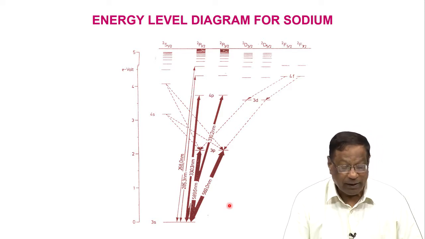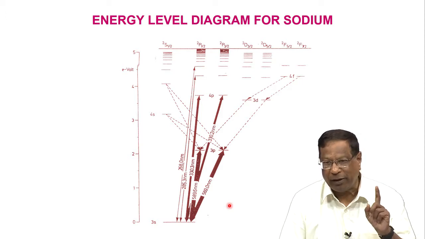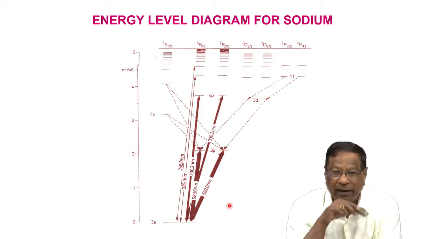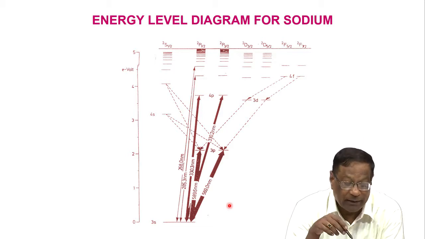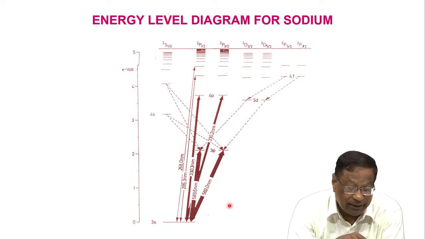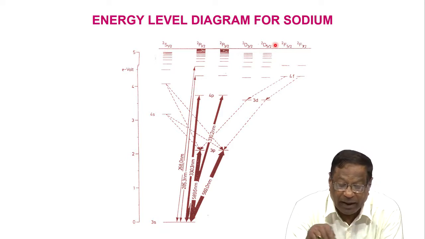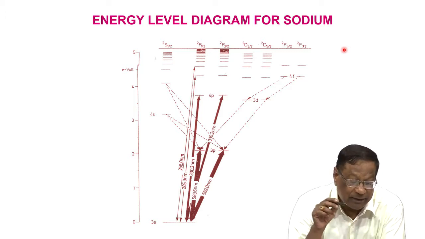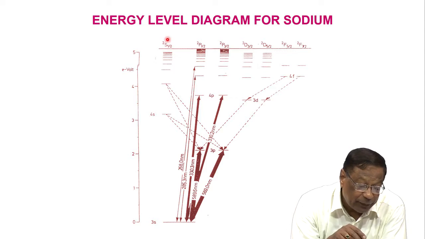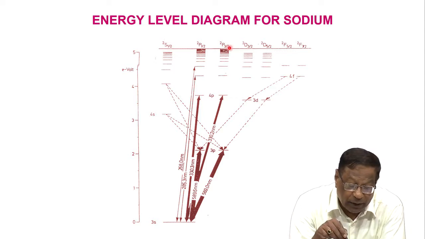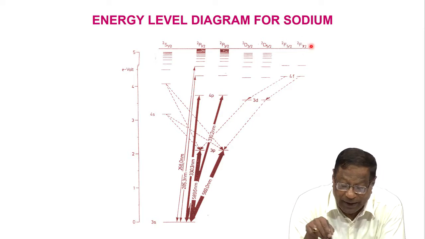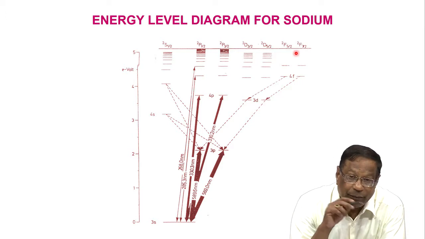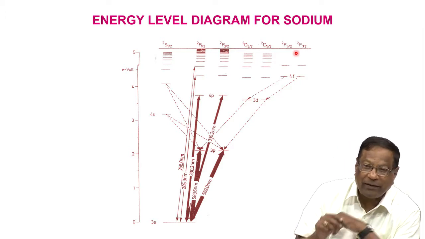That one electron has a spin quantum number of half, but there are combined effects of the orbitals, and those orbitals are designated as s, p, d, f etc. This I have already explained to you in the earlier classes. So, for sodium it is 2S 1/2, 2P 1/2, 2P 3/2, 2D 3/2, like that. There will be different energy levels to which an electron can be excited.